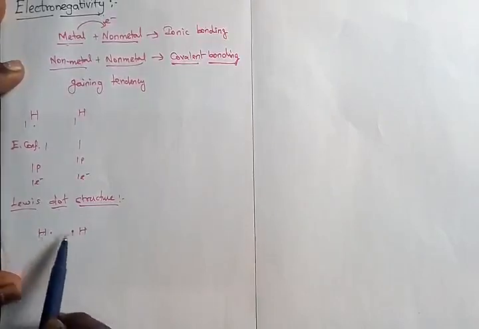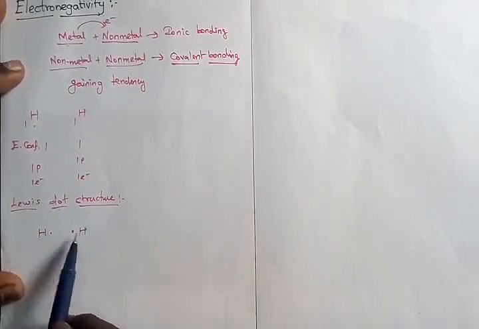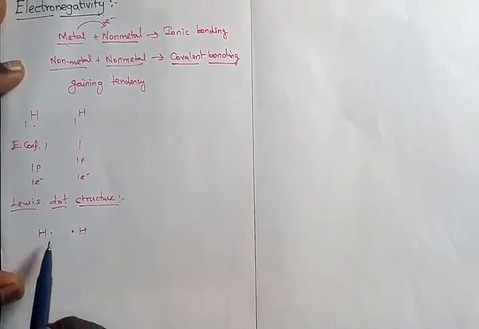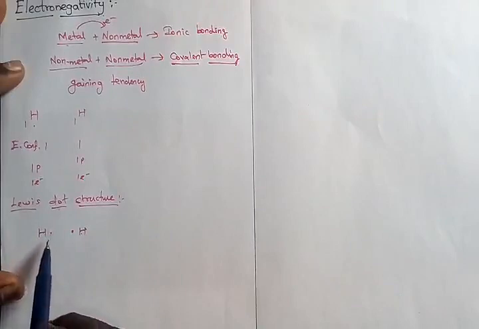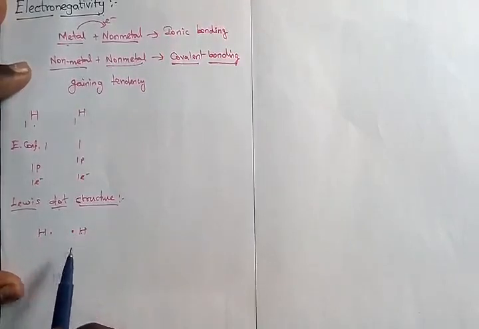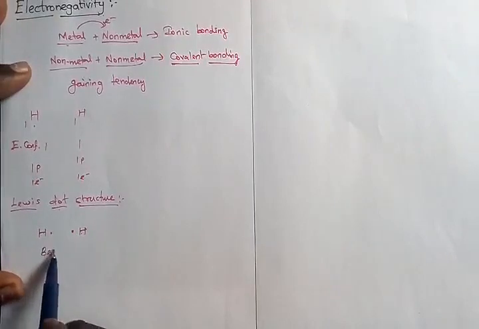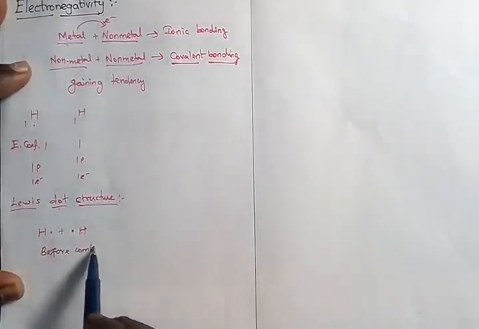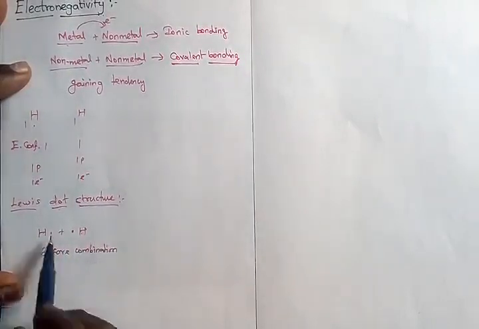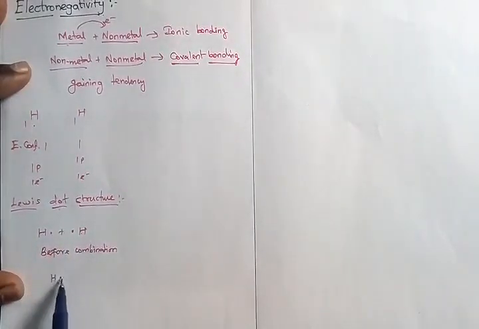So when the two atoms share this electron, what will happen? Both the atoms will have 2 electrons like this. So this is before combination, but after combining, the bond will be formed.